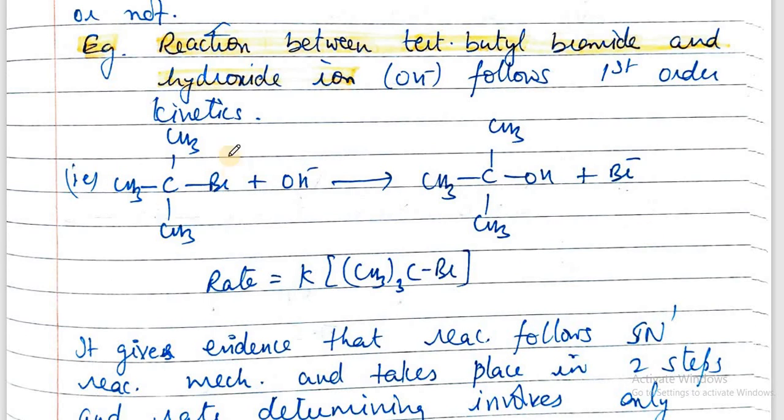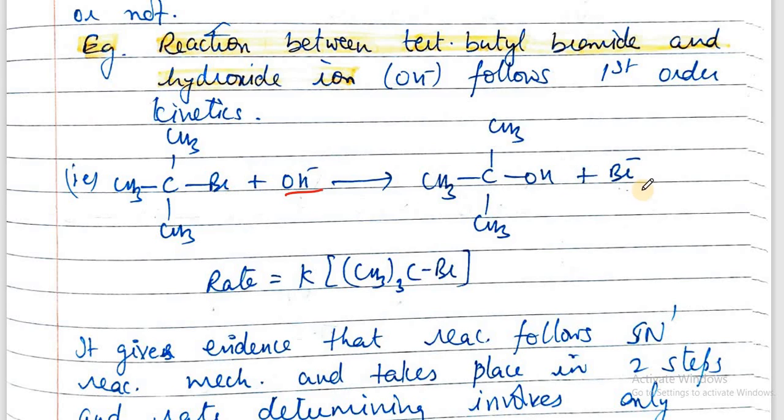So in this reaction, tertiary butyl bromide, when it is treated with OH negative hydroxide ion, forms this alcohol. In this, Br is replaced with OH group.